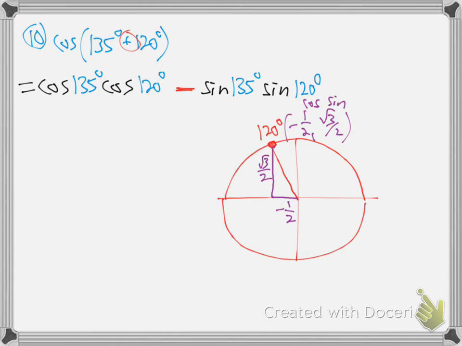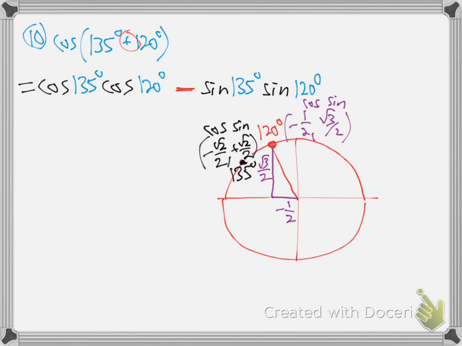And then for the 135, which is right here, you know that's back root 2 over 2, up root 2 over 2, cosine sine. Everybody good there? 135, right? That's halfway. You just go to the unit circle, find those values, back and up.